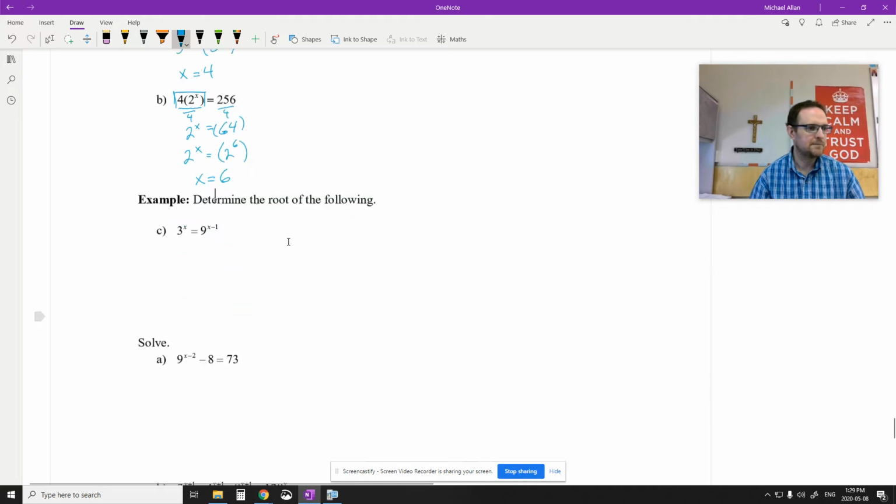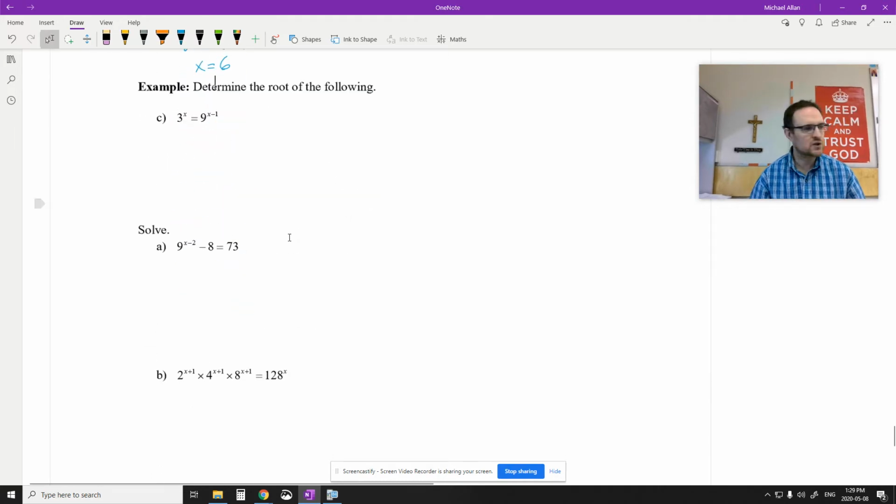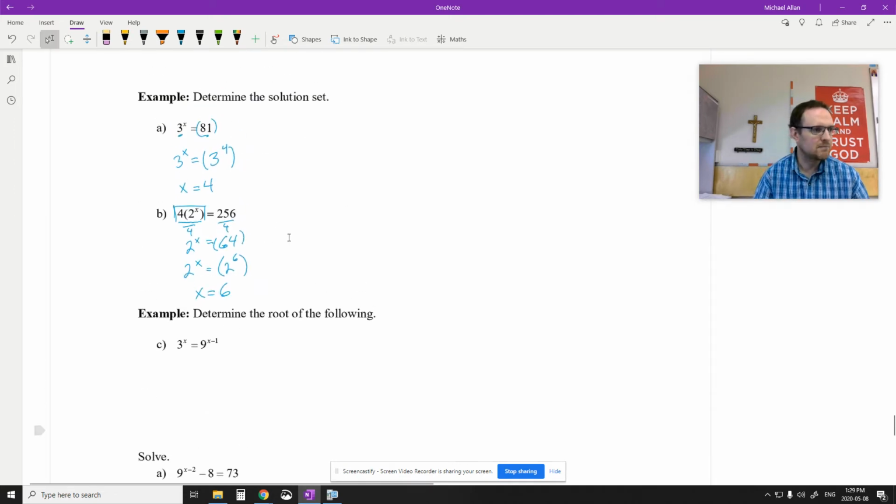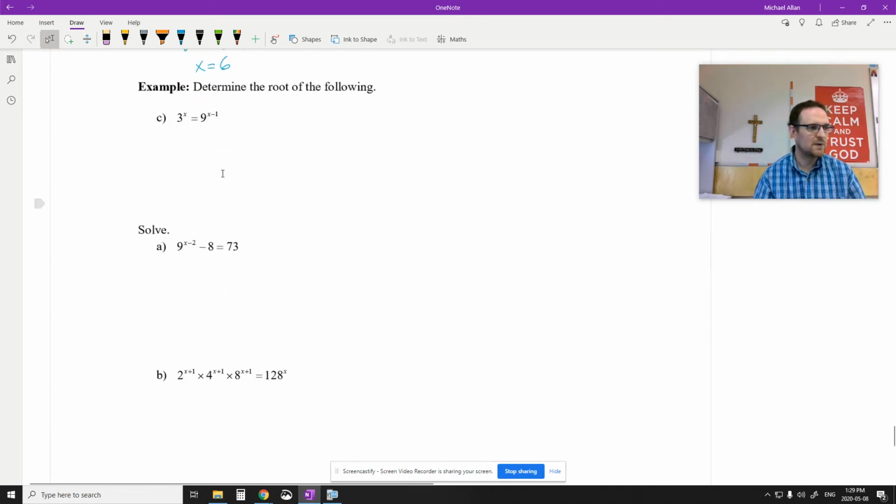There you go. Now they get a little bit more tricky when you have weirder exponents like this one here. Like these ones here, there was only 1 power, so we isolate for that power and change the base. If you have 2 powers, like in C here and in B down here, that B one's actually pretty difficult.